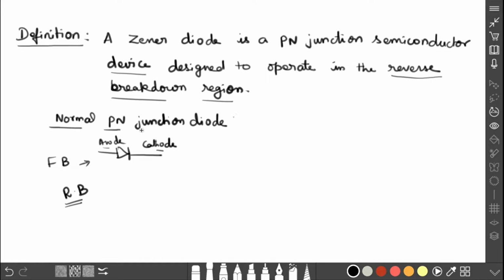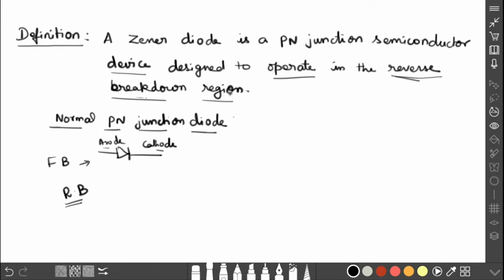But here you read once again, a Zener diode is a PN junction semiconductor device designed to operate in the reverse breakdown voltage. So this is specially designed to work under the condition of reverse breakdown voltage. This is the main point we have to remember.